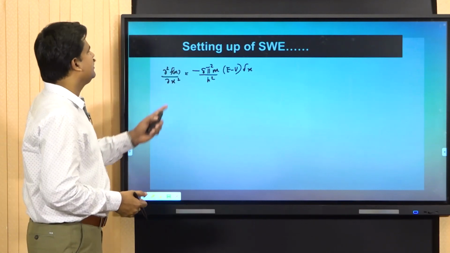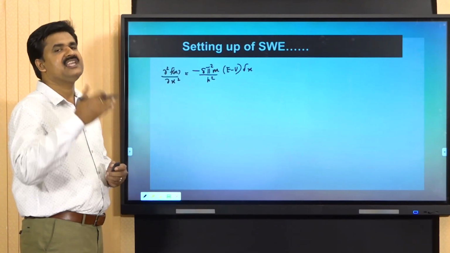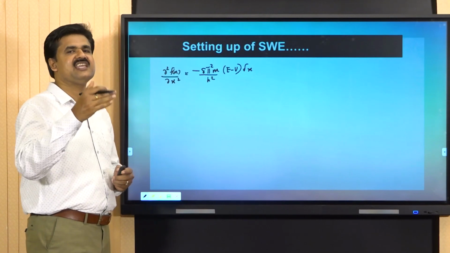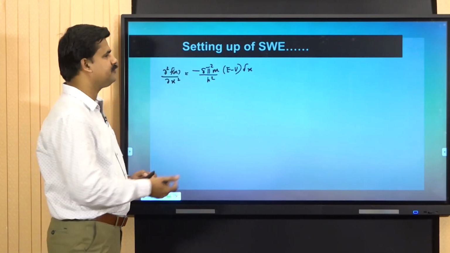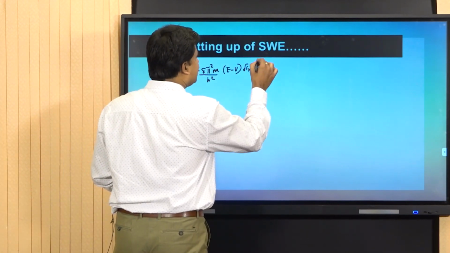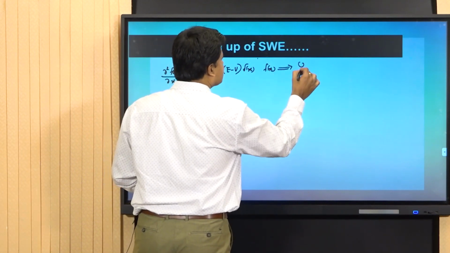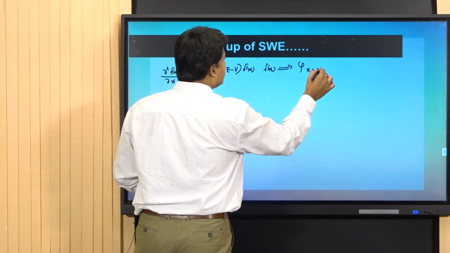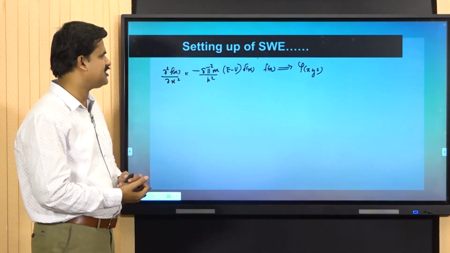We can extend this to 3 dimensions. In order to extend this equation into 3 dimensions, I have to make a replacement. That is, the term f(x) present in this equation should be replaced by ψ(x,y,z), where ψ(x,y,z) is the wave function.